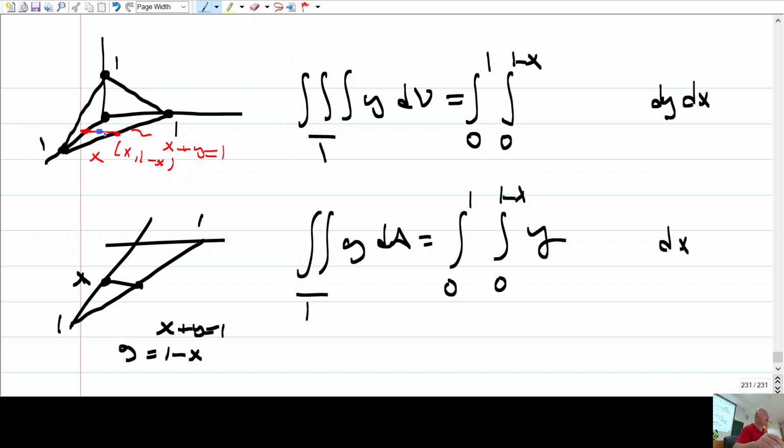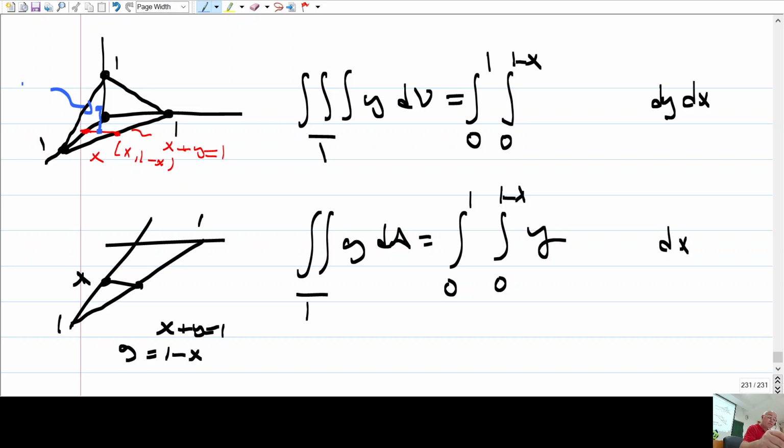So this point has coordinates x and y. What about the z coordinate? The z coordinate in this domain ranges from 0 up to this point. What is this point? Well, it is on this plane. So I just need to write down the equation of this plane.